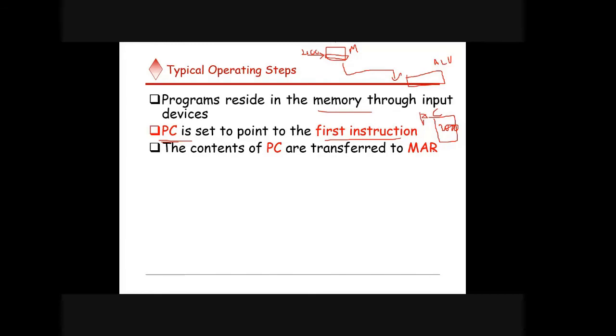That is the first flow. So initially the program was in the memory, your first instruction's address is stored in the program counter, and that address is transferred to MAR, the memory address register.